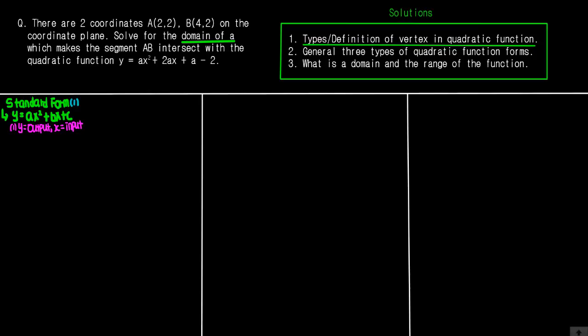Secondly, let's think about what each of the other variables does. First, what does a do? A is a leading coefficient. If you don't know what a coefficient is, it is just a normal number beside a variable.